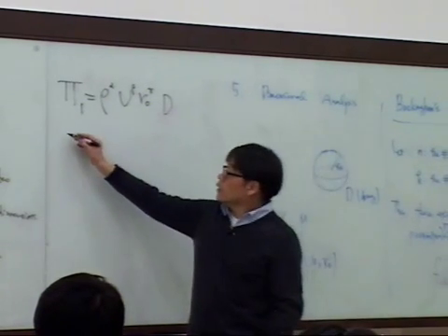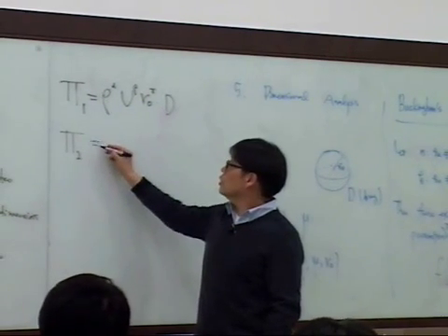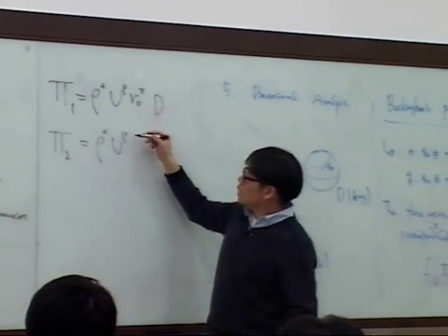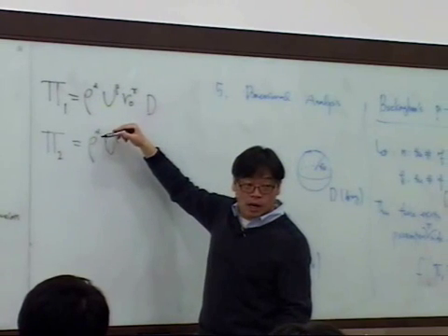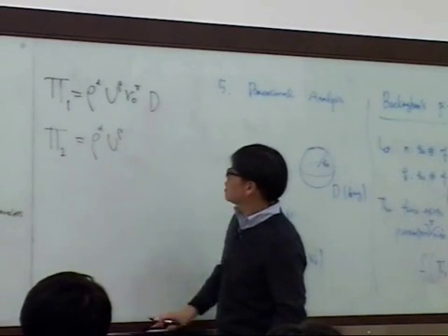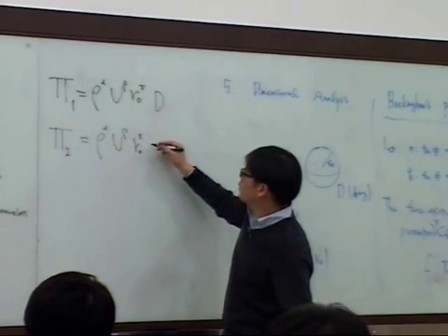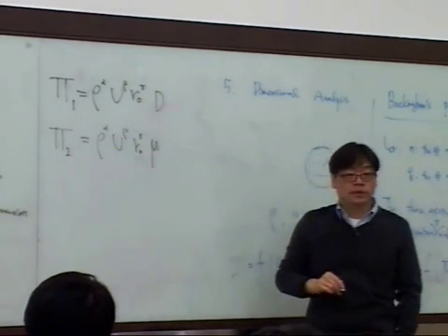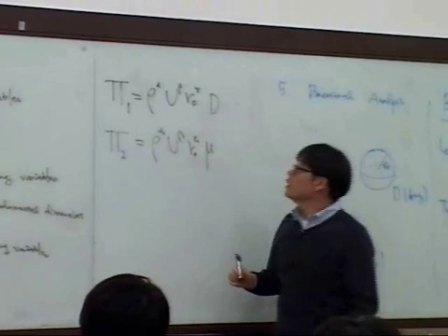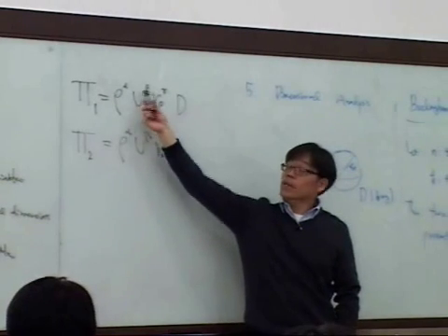There is another dimensionless parameter, pi 2. I'll do exactly the same thing, but this alpha and this alpha are different, and then the rest is mu. So just not to confuse you, let me put 1 here to distinguish alpha 1 from alpha, because these are different.